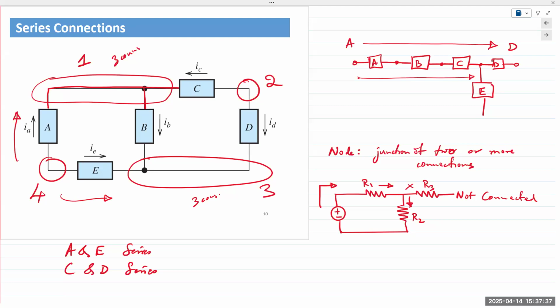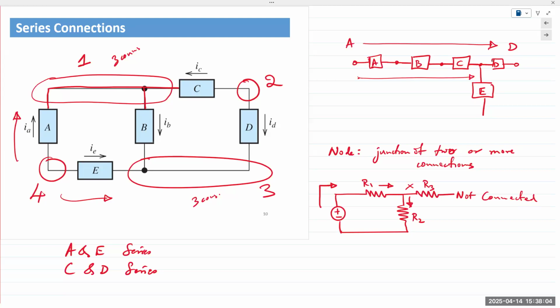The reason I'm emphasizing this is because later on in this course, and even in other classes and other circuits, you will come across circuits where you will make modifications. When you make modifications, the circuit configuration, the circuit schematic, will change. And when the schematic changes, the connections change.